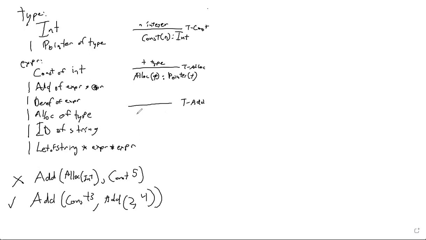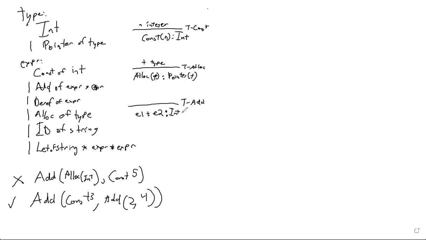So let's say we have that E1 plus E2 is of some type. Well, what type does it have to be? It is always going to be an int. So when you add two things, you're going to get an int. We're not allowing you to add pointers. Well, I guess in C, maybe that's technically possible, but we're not doing that.